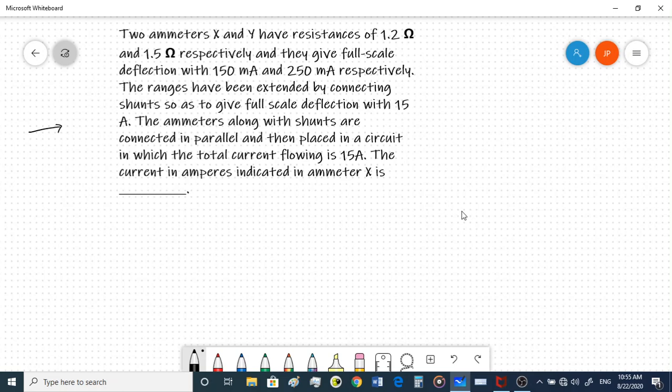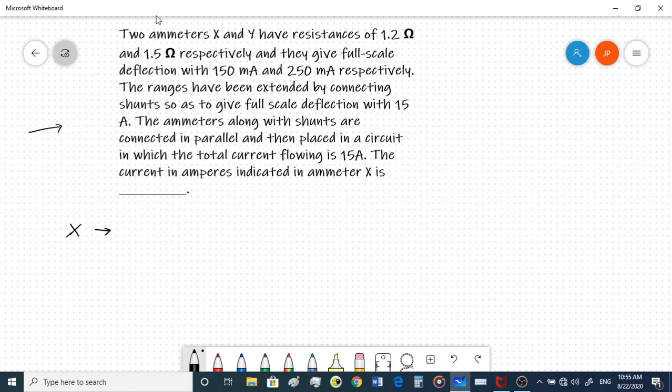It's given that there are two ammeters X and Y that have resistances of 1.2 ohms and 1.5 ohms respectively, and they give full scale deflection with 150 milliamperes and 250 milliamperes respectively. So let's write down side by side. X is an ammeter.